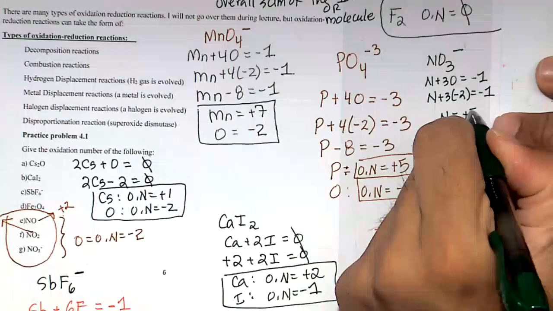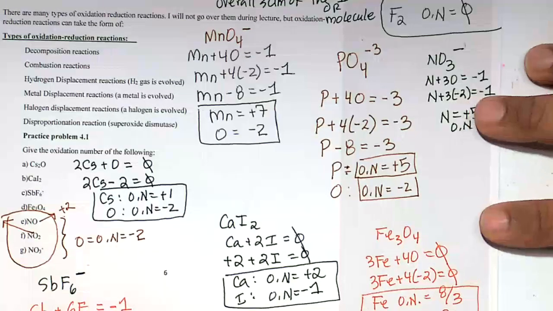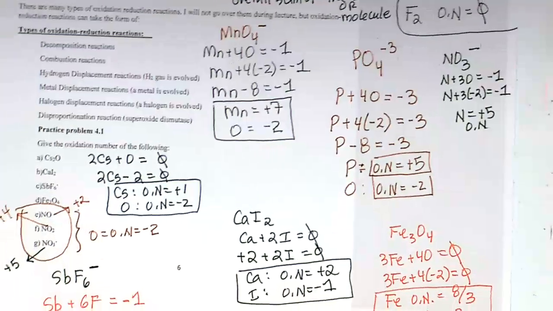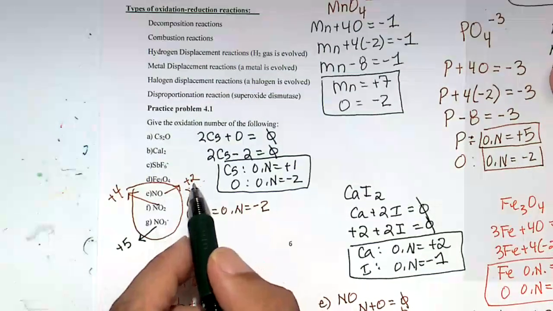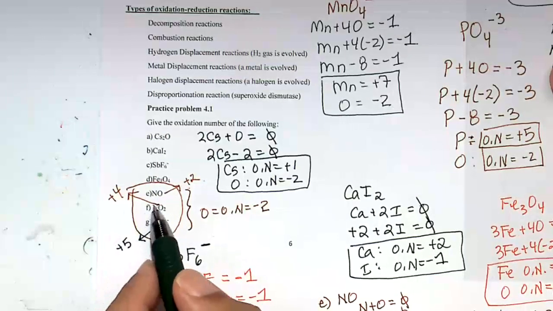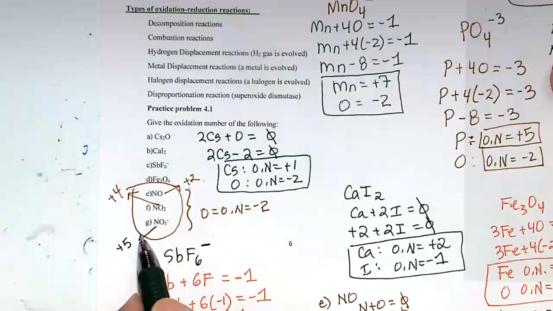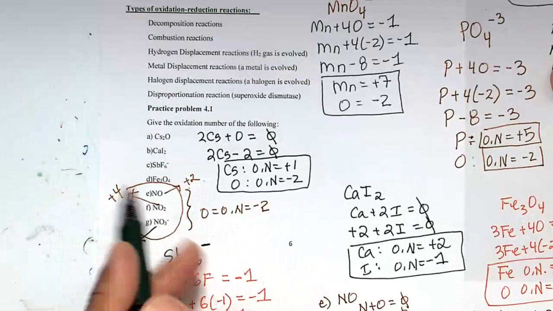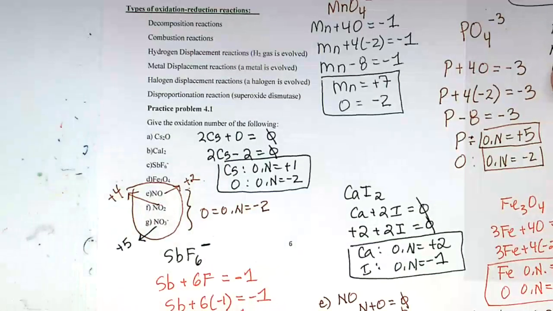And here, nitrogen will have an oxidation number of plus 5. Okay, so check this out. Nitrogen can be plus 2 oxidation state when it forms NO, a plus 4 oxidation state when it forms NO2, a plus 5 oxidation state when it forms nitrate NO3 minus. Okay, so it can get oxidized and reduced based on this number, plus 4, plus 2, or plus 5.